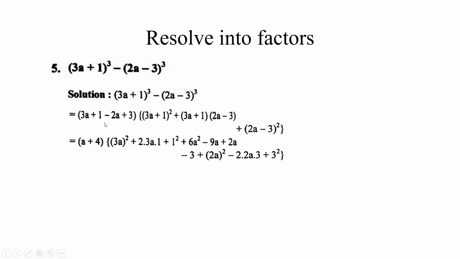So after calculating, 3a minus 2a means a, and 3 plus 1, that is 4, and using formula (a plus b) whole square, you'll get this. Multiplying (3a plus 1) into (2a minus 3), you will get 6a square minus 9a plus 2a minus 3, and (2a minus 3) whole square using (a minus b) whole square equal to a square minus 2ab plus b square formula, you will get this.